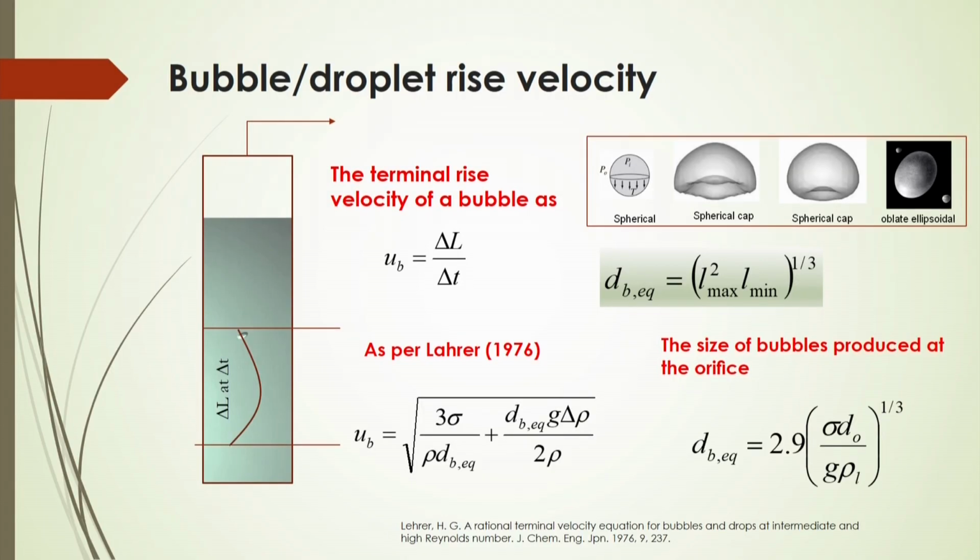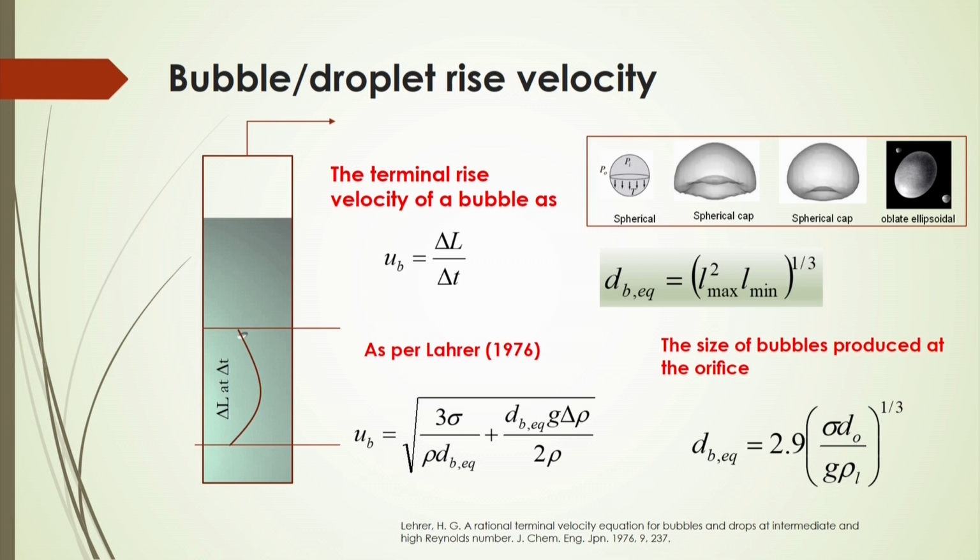Due to the buoyancy effect, they move up with a certain velocity. This velocity is called the terminal velocity of the individual bubble or particle. Now, how do we estimate this terminal rise velocity of a bubble or droplet?